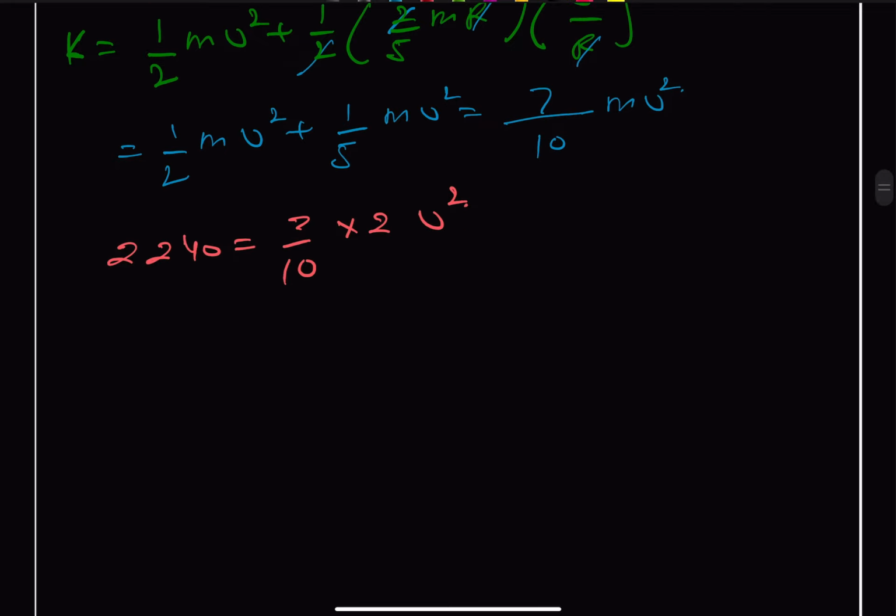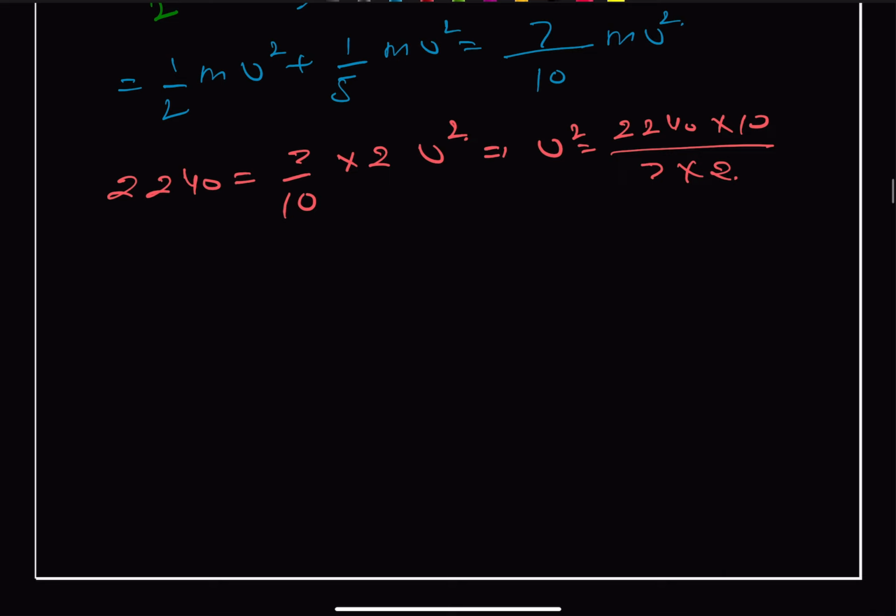So we can say that our v square will be equal to 2240 multiplied by 10, divided by 7 multiplied by 2. So our v square will be equal to 1600, and v will be coming as 40 meters per second.